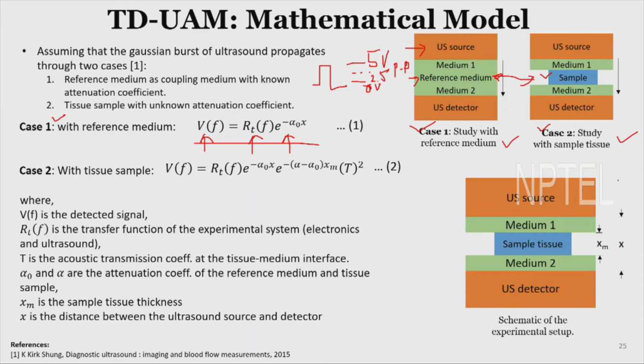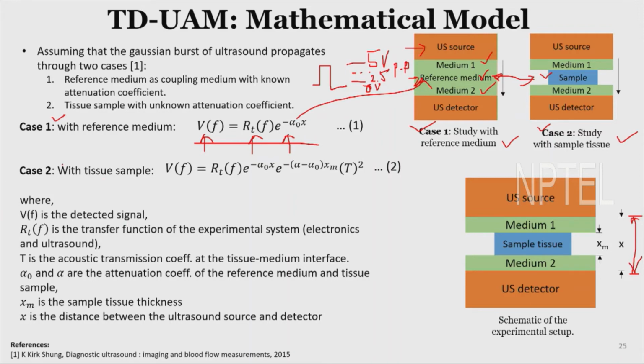You can see this is the x, the complete distance starting from medium 1, the tissue sample or the reference medium, and medium 2. And alpha naught is the attenuation coefficient of the reference medium. This alpha naught is the same for medium 1, the reference medium, and medium 2.